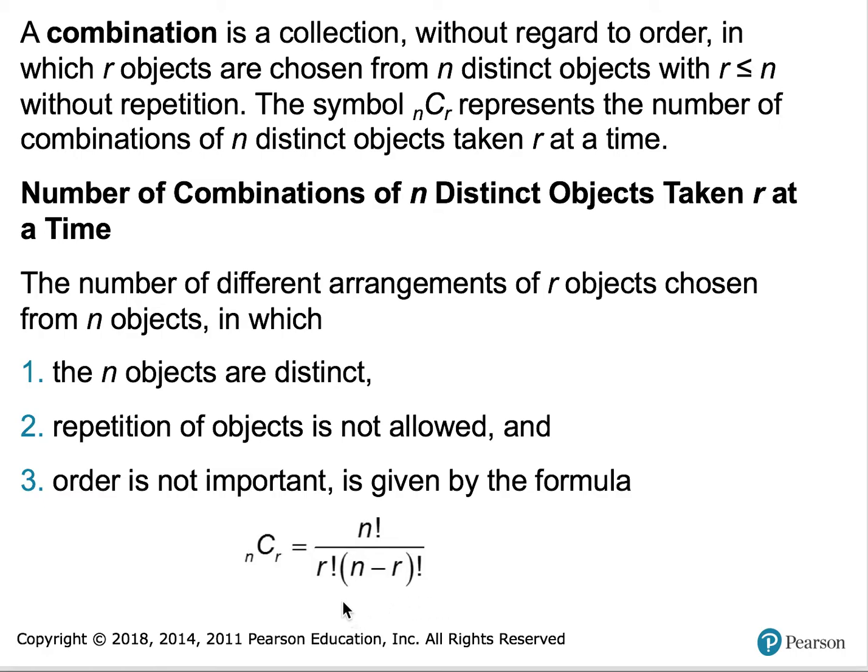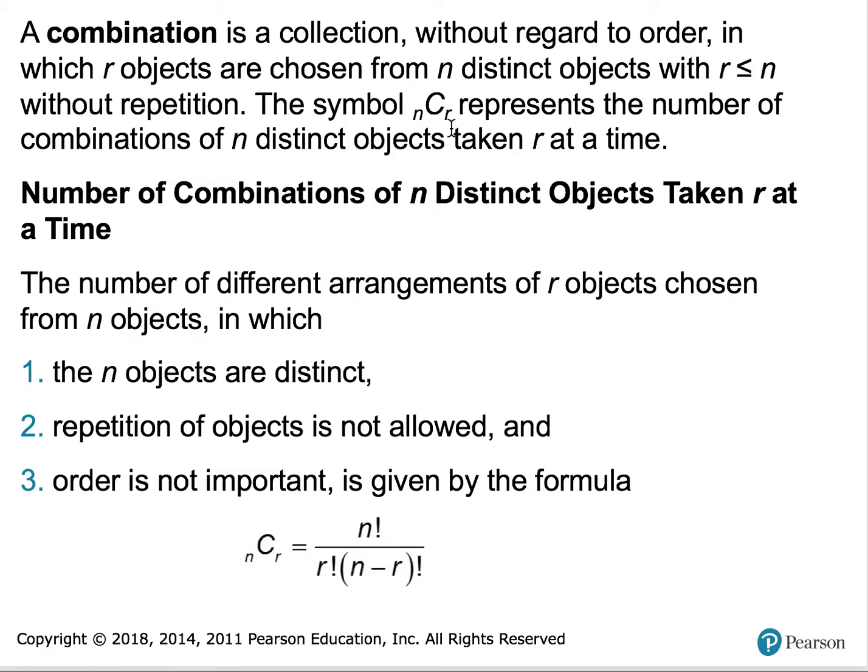Okay. Now, a combination is a collection without regard to order. That's the important part. In which R objects are chosen from N distinct objects, again, without repetition. And here's the symbol. Instead of a P, it's a C for combination.